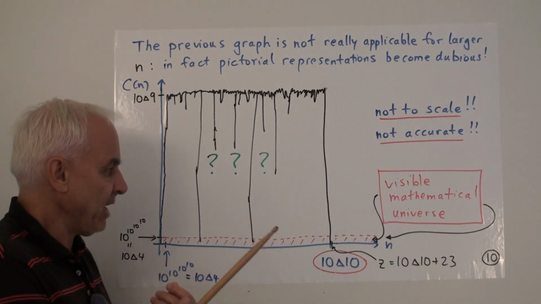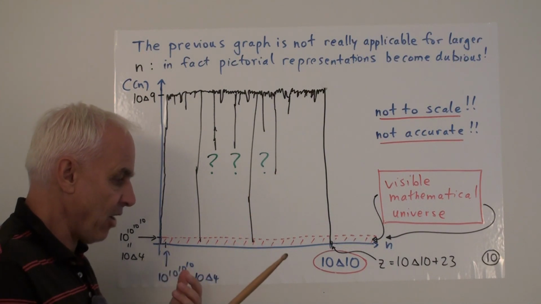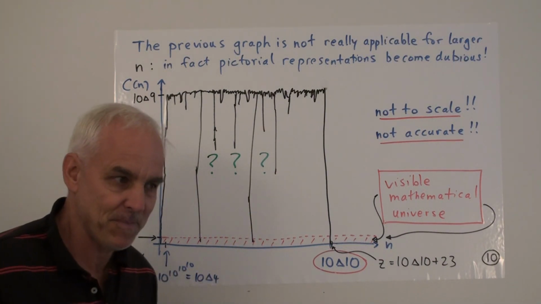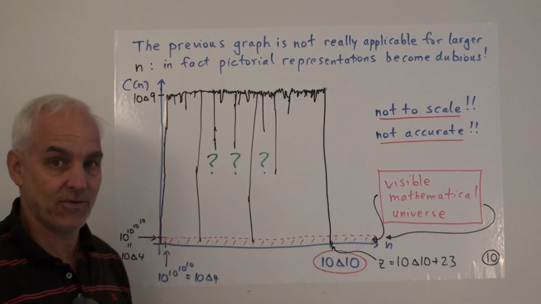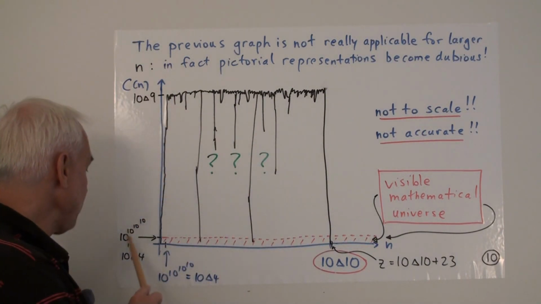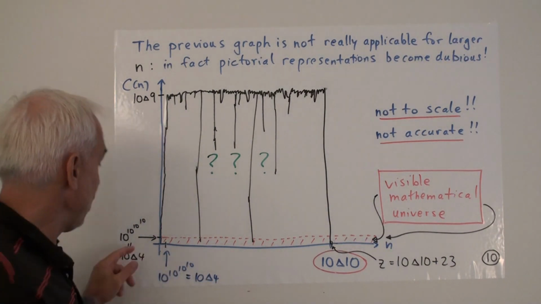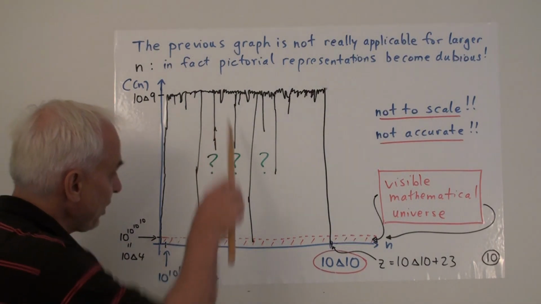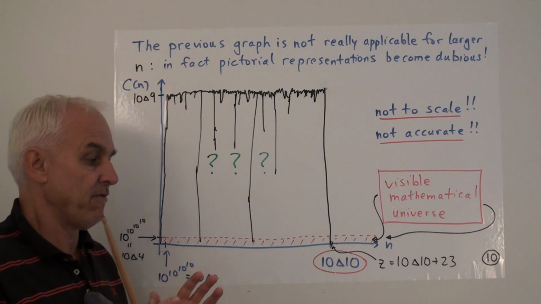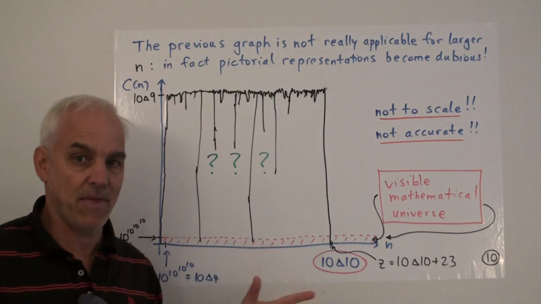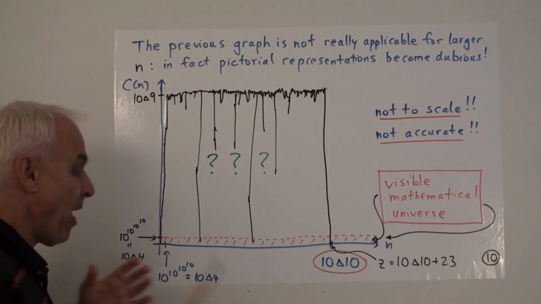Well, that means numbers that can be written down with at least some hope of expressing them in the known universe. So 10 to the 10 to the 10 to the 10 is a huge number. So this is a huge complexity. If a number comes down to this complexity here, it's still going to be, in general, very, very challenging for us to write down that number. But nevertheless, this is now within the range of possible expression.